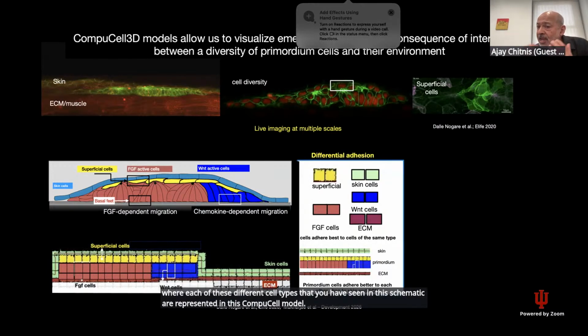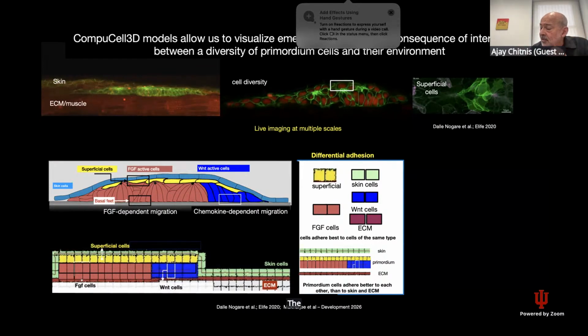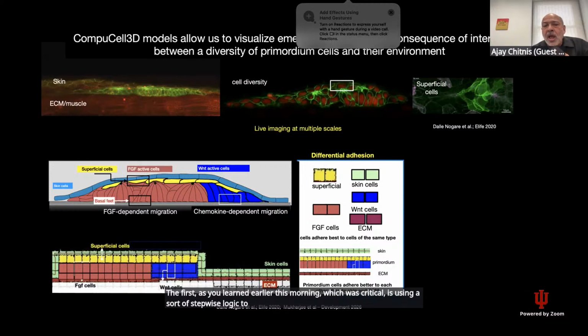There were three key things that allowed our model to recapitulate many of the features of the actual primordium. The first, as you learned earlier this morning, which was critical, is using a sort of stepwise logic to think about how each of the different types of cells adhere to each other.